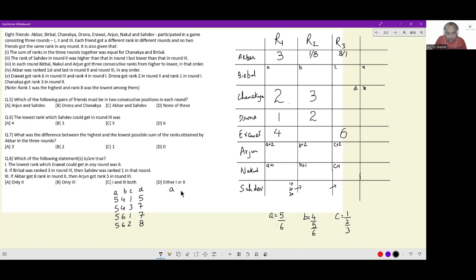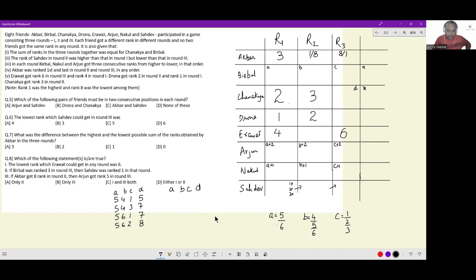Let us now work out cases with A being 6. How about 6, 4, 1? 6, 4, 1 would mean the summation is 11, which would mean Chanakya needs a 6 for D, which is not possible because Irawat already has a 6.